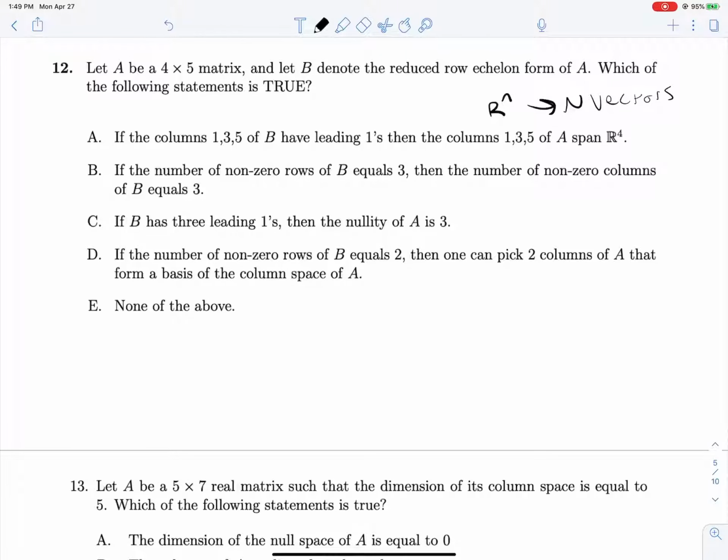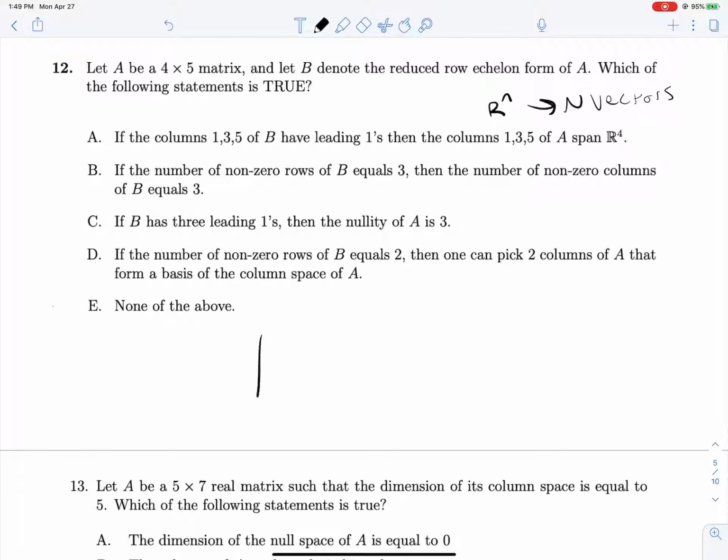So what A has wrong is that 1, 3, and 5 span the column space of A, but the column space of A cannot span all of R4, even though the input space for this matrix is 4-dimensional.